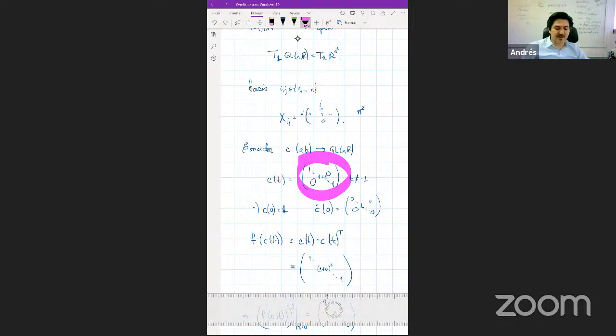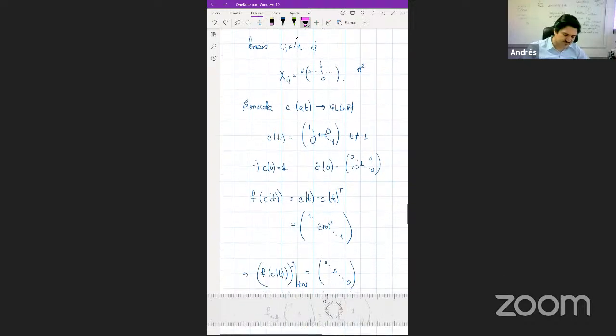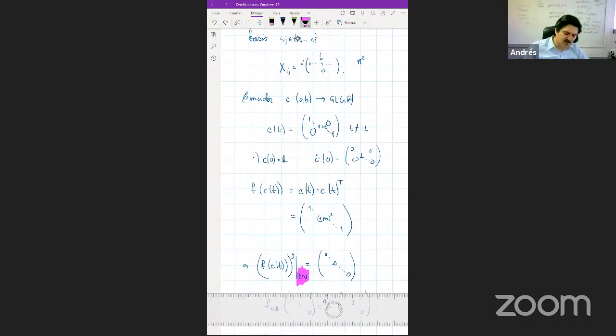Then, if I would like to find what is the vector corresponding to that curve, I need to take the derivative and evaluate at t equals 0. And the way that we compute the derivative of a matrix is entry by entry. The same way in calculus. Usually you have a row or a column vector. Here the arrangement is different, but again, just entry by entry, we compute the derivative. Evaluating at 0, I get a 2.